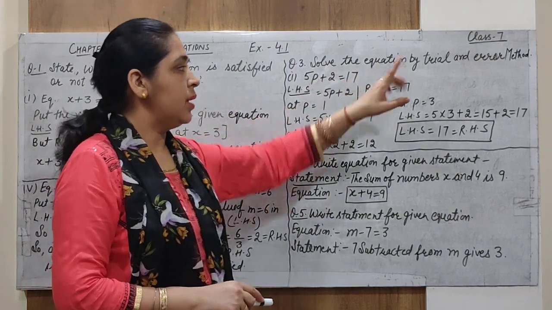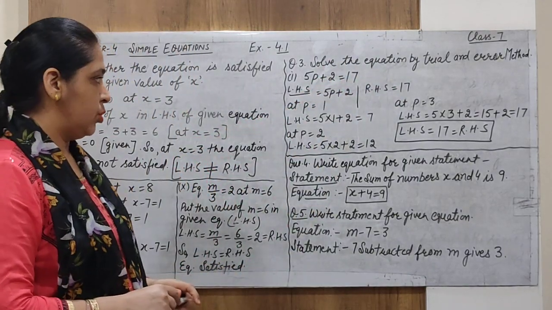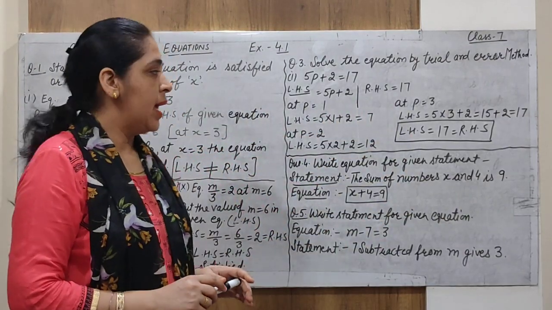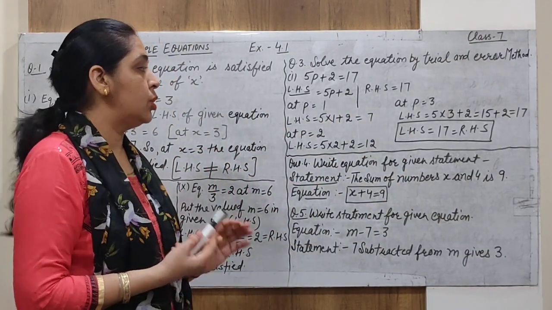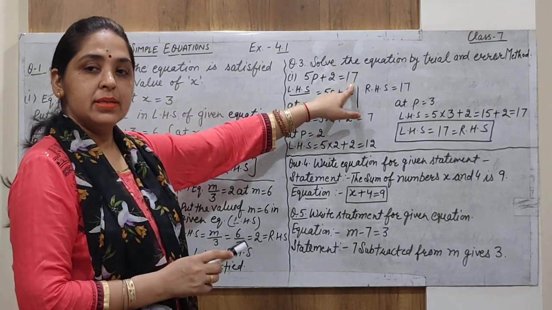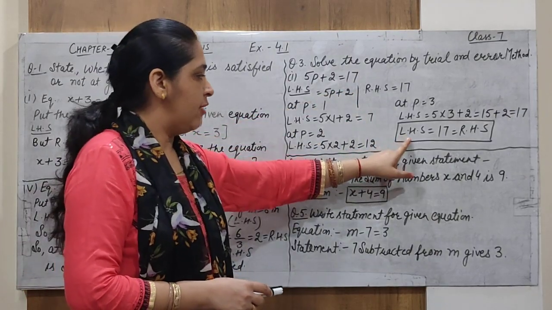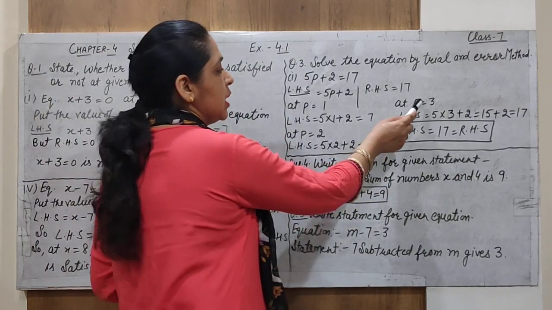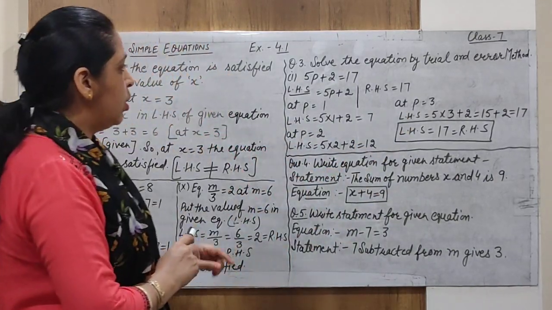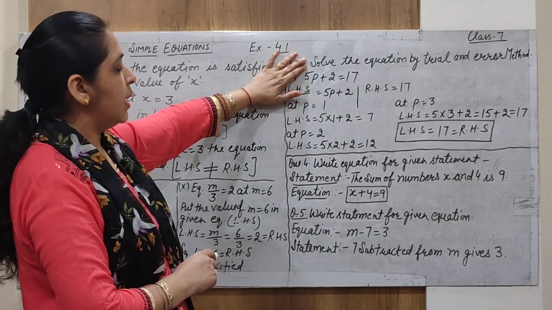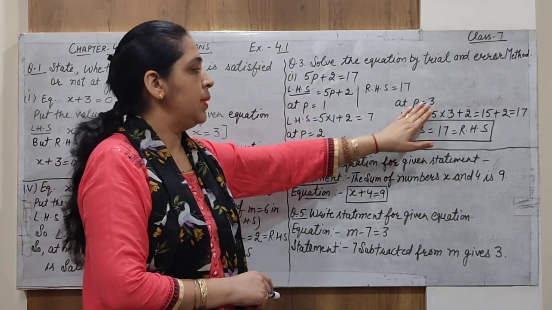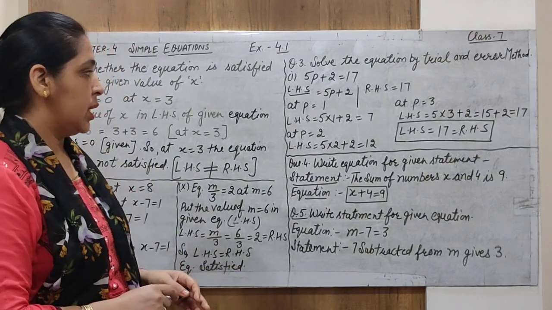So, by the trial and error method, we have to put different values of p and try again and again to get the right hand side. So the left hand side is equal to the right hand side at p is equal to 3. Thus, the solution of this equation is p is equal to 3.